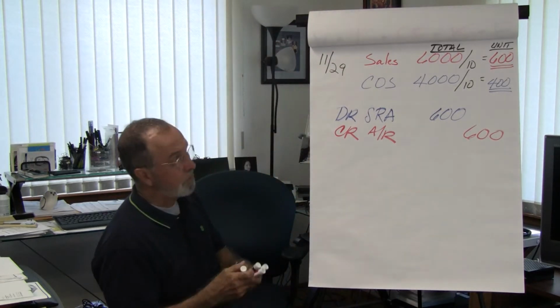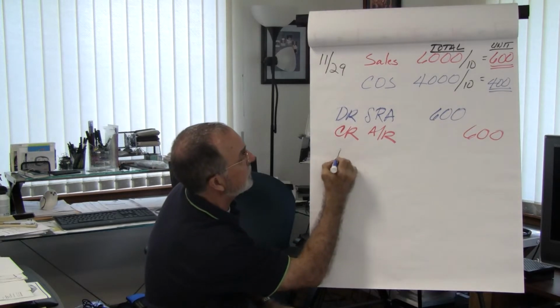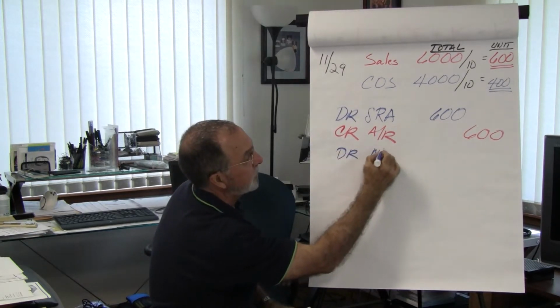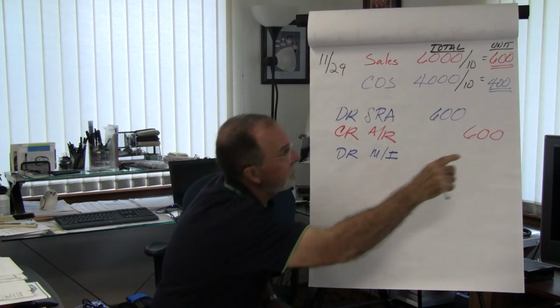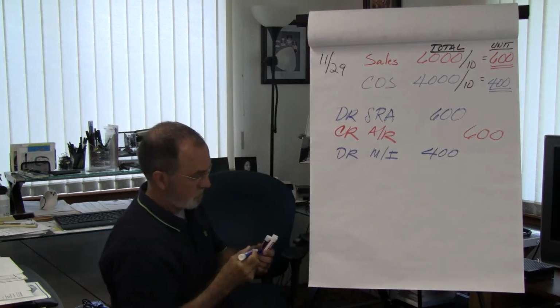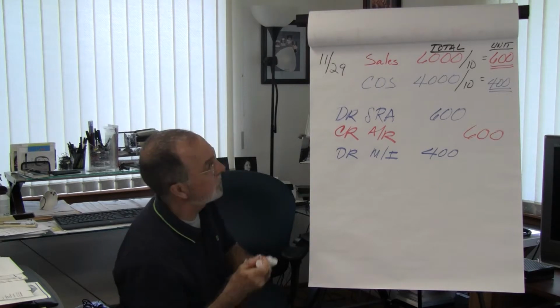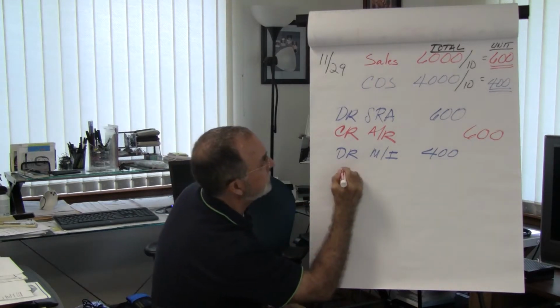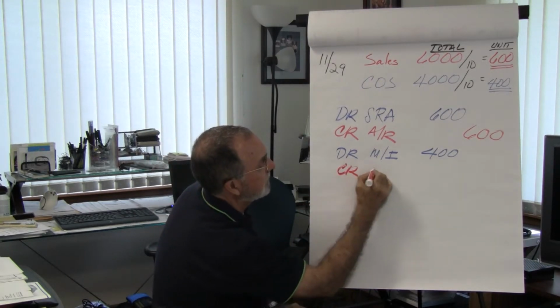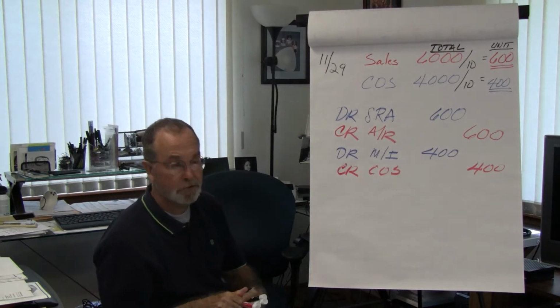And so the second part of our transaction would be to debit merchandise inventory for the unit cost of that item, which was $400. And our credit would be to reduce our cost of sales account by one item, $400.